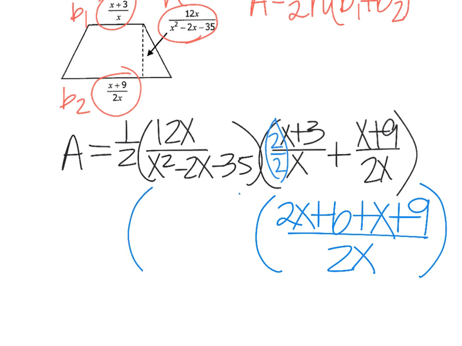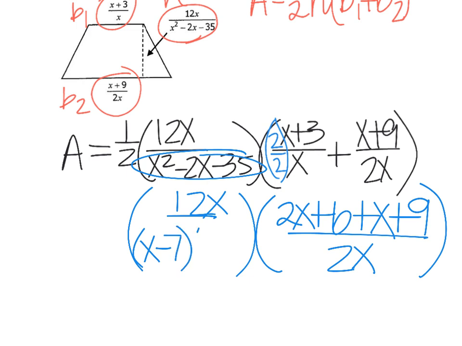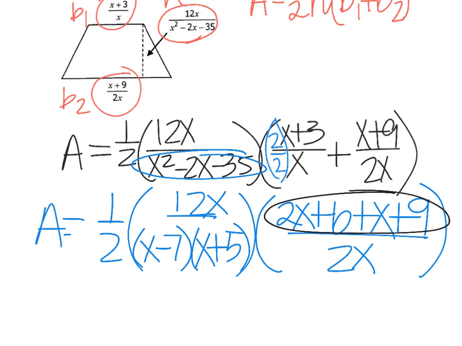Then this one right here, we leave the 12x on top, and then we want to factor out this trinomial. So two numbers that multiply to negative 35 and add up to negative 2 would be x minus 7, x plus 5. And then it's still times 1/2 over here. Okay? Then, looking right here, we want to combine like terms.